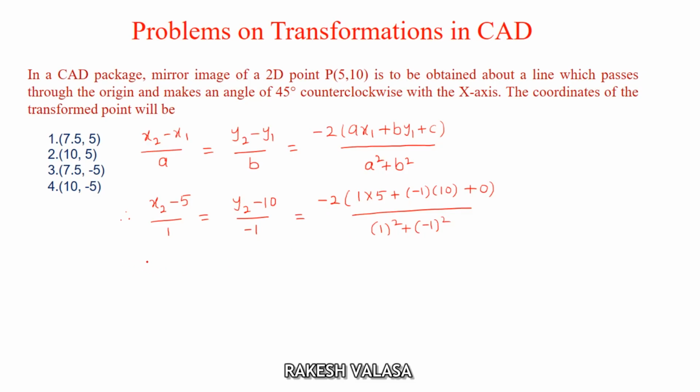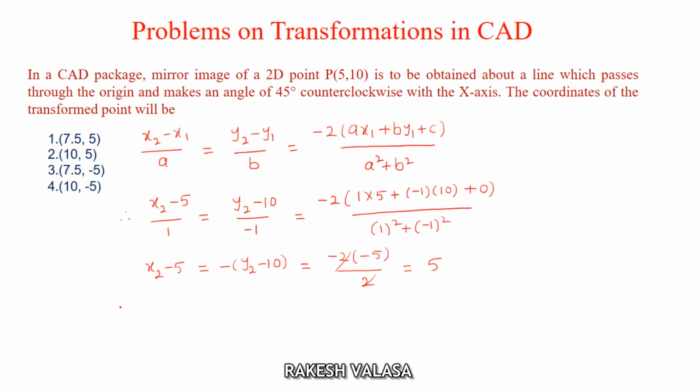Now simplify this equation. x2 minus 5 equal to minus of (y2 minus 10) equal to minus 2 into (5 minus 10, that is minus 5) by (1 square plus minus 1 whole square, 1 plus 1 is 2). Here 2 get cancelled, minus of minus 5 equal to plus 5.